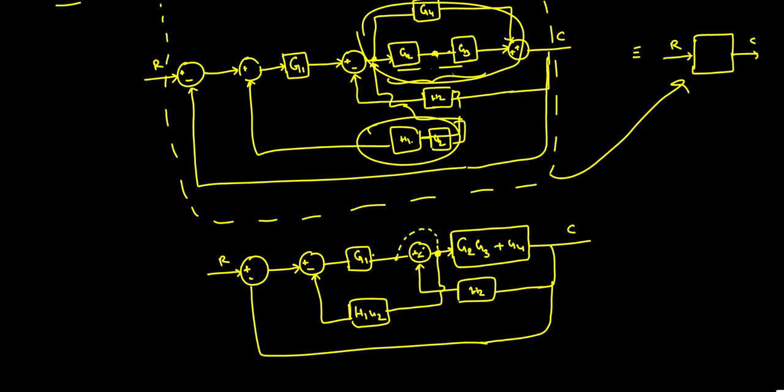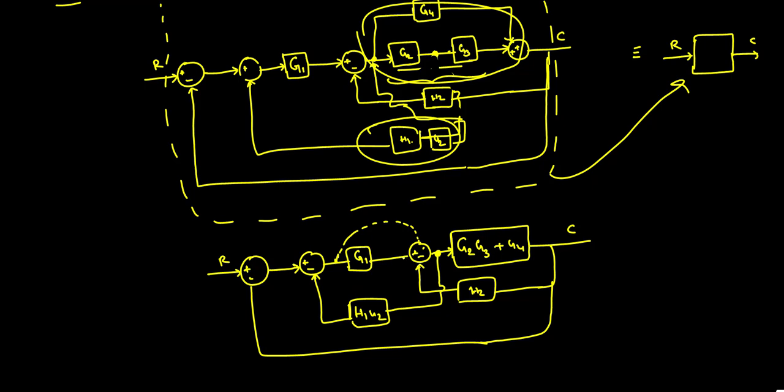Whatever you want, you can do. Suppose you move the summation block, there is a possibility that you can move this particular summation block to here. When you move the summation block, the effect of G1 will be nullified. So that effect of G1 we have to take into consideration.